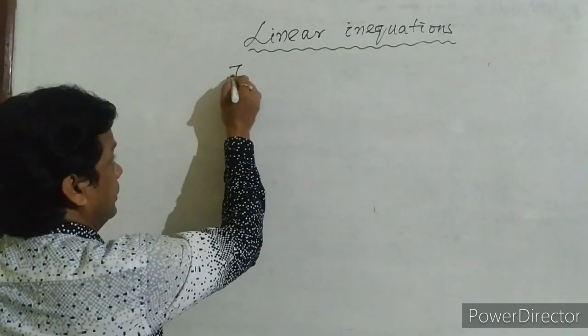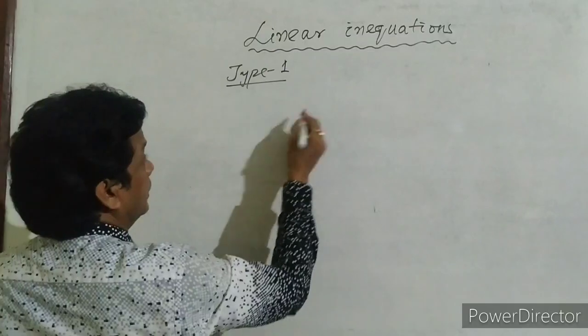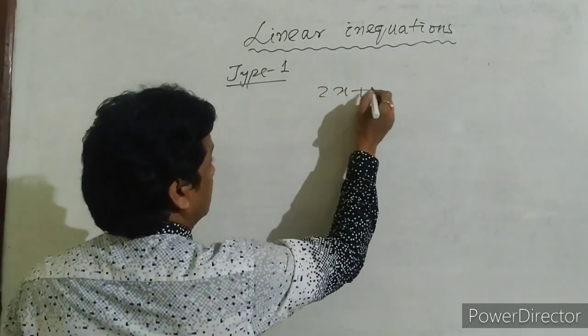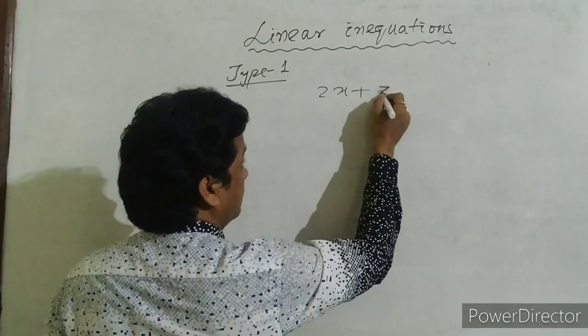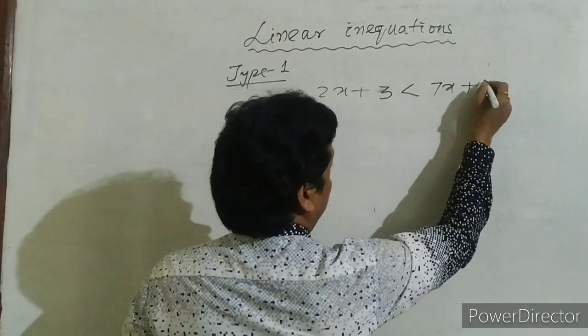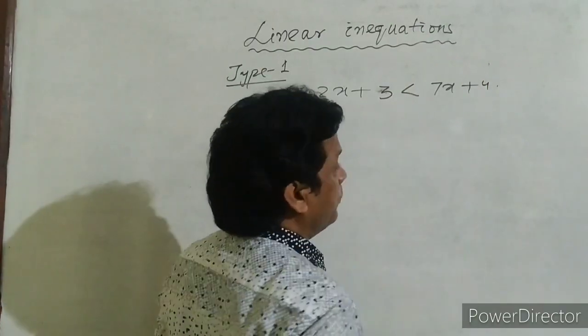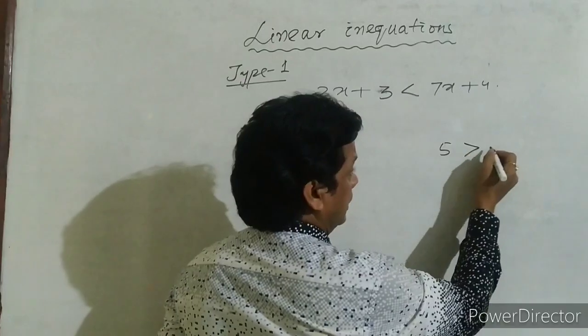First of all, type 1, I am going to tell you. In one variable: 2x + 3 < 7x + 4. One important property: 5 is greater than 3.